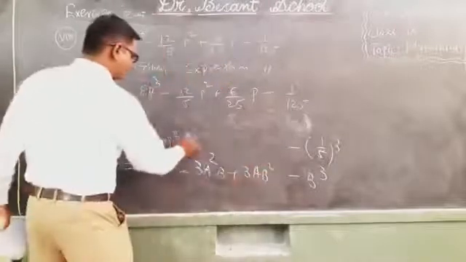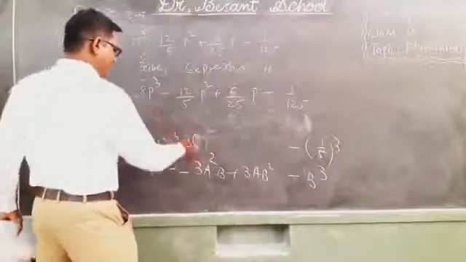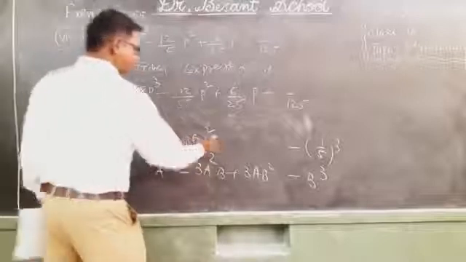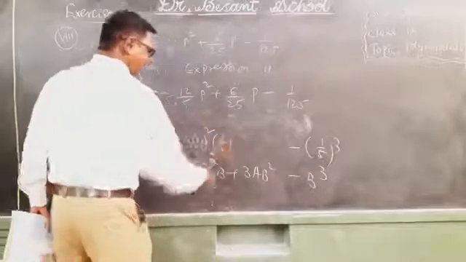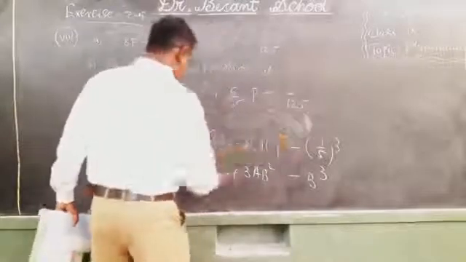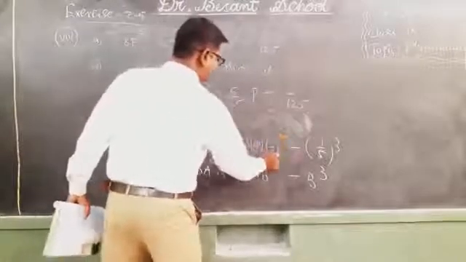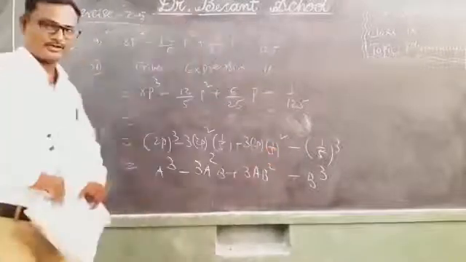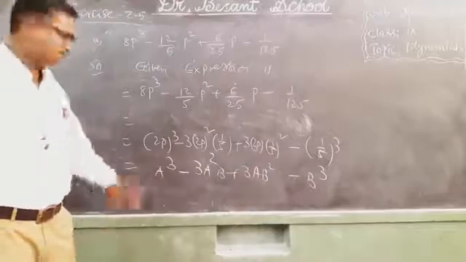Now observe, children. Minus 3a square means 2p whole square into b means 1 by 5, plus 3ab square, where a means 2p and b means 1 by 5 whole square. Do not get any confusion, it's very simple.